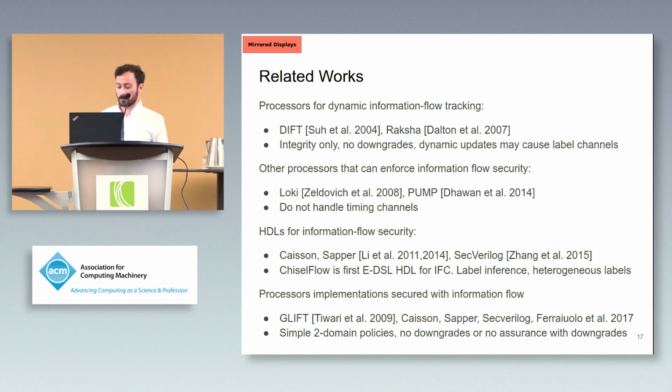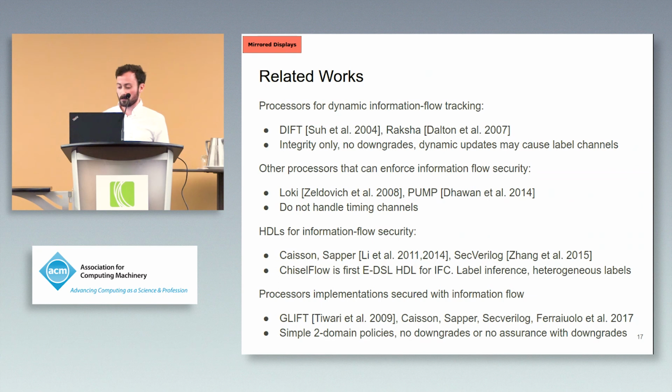There are also other hardware description languages for information flow security, for example, Caisson, Sapper, and SecVerilog. Chisel flow closely follows the design of SecVerilog, but it is also the first embedded domain-specific language for hardware descriptions that supports information flow control, and it also adds label inference and better support for heterogeneous labels.